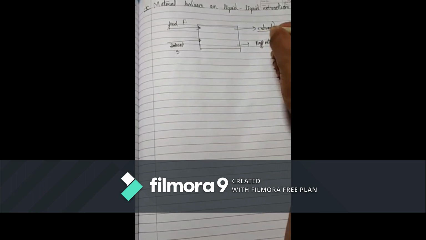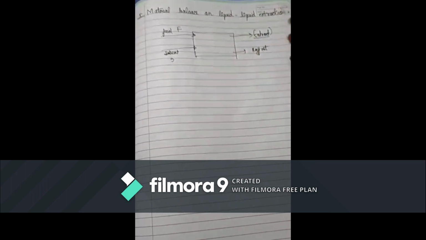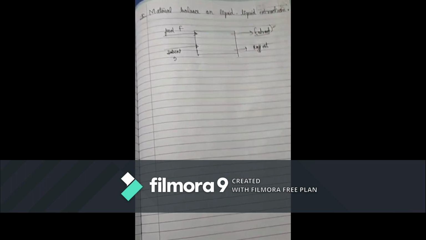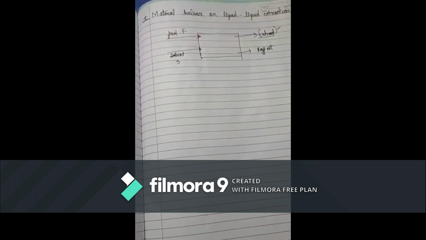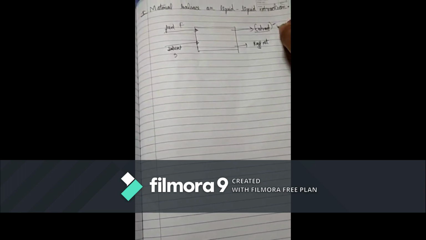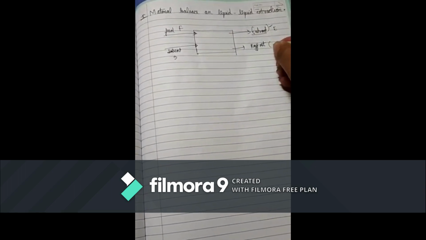So extract is the product which you want to extract from a given medium, right? This is the product which is useful to us, for which we perform this whole process. Suppose we denote extract by E and raffinate by R.